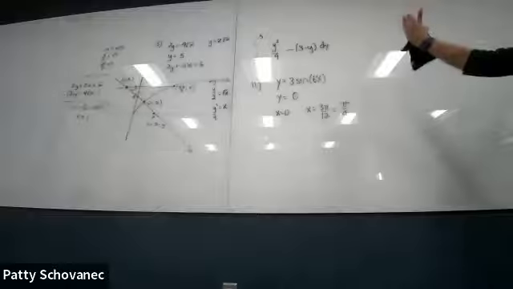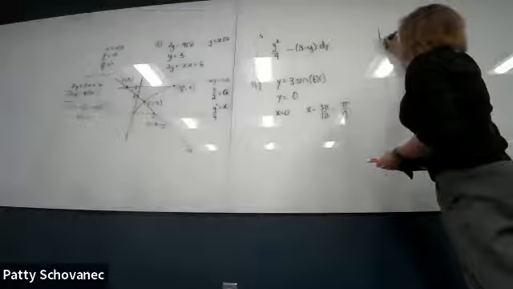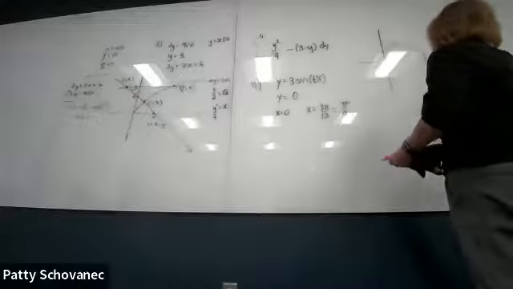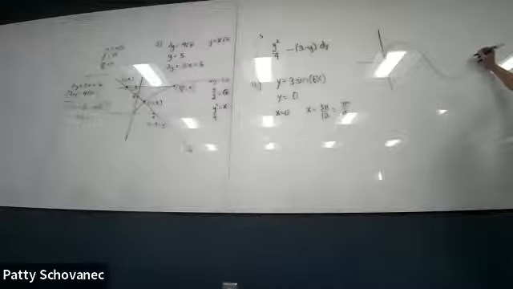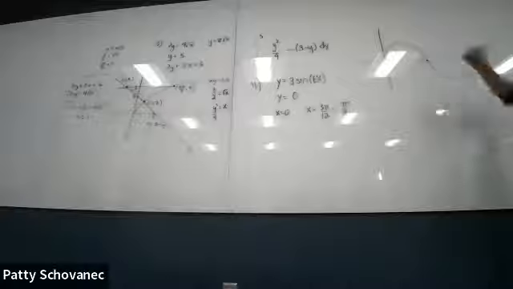So this sine curve now goes between 0 and 2 pi over 6. Here's our sine curve. That point is 2 pi over 6, or pi over 3. So if that's pi over 3, what's this one? Half of pi over 3.